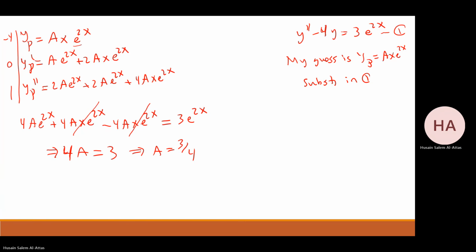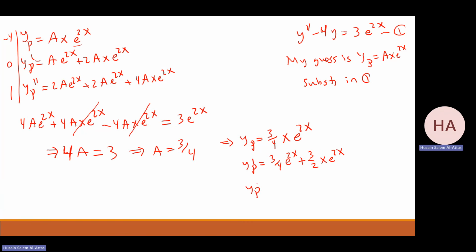So my yp is 3 over 4 x e to x. Let me check. yp prime would be what? 3 over 4 e to x plus 6 over 4, which is 3 over 2 x e to x. yp double prime would be what? 6/4, which is 3/2, e to x, plus 3/2 e to x, plus 3x e to x.